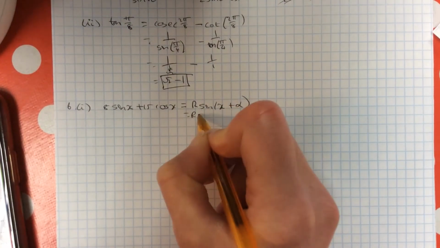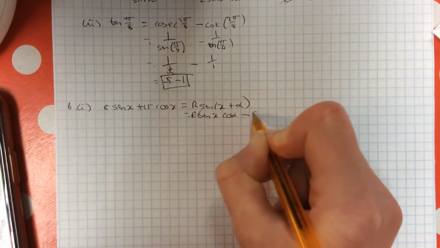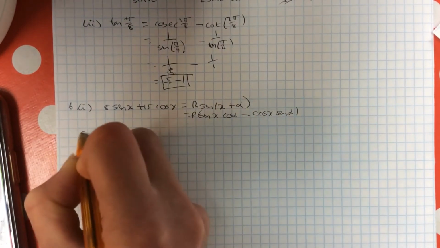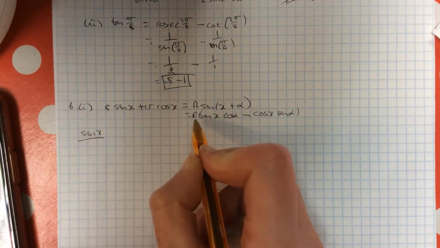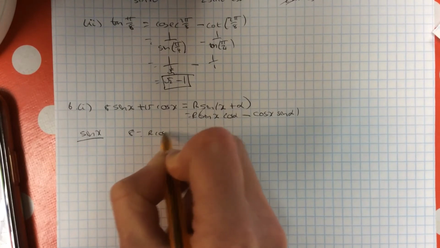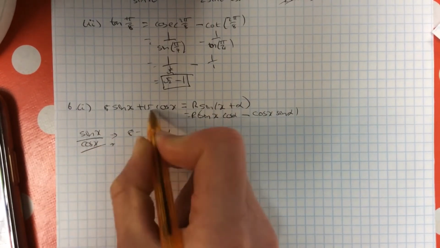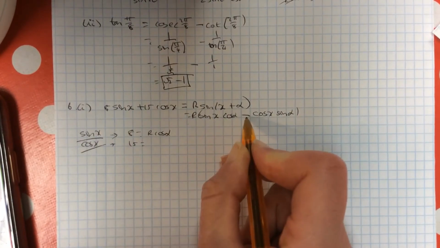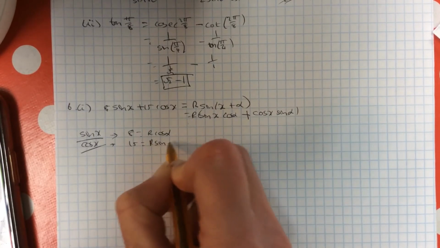So you expand out this side, so it's sine x cos alpha plus cos x sine alpha, and then you equate the sines. So you've got 8 on this side equals r cos alpha on this side, and then do the same for the cosines. You've got 15 on this side, and over on this side it's r sine alpha.